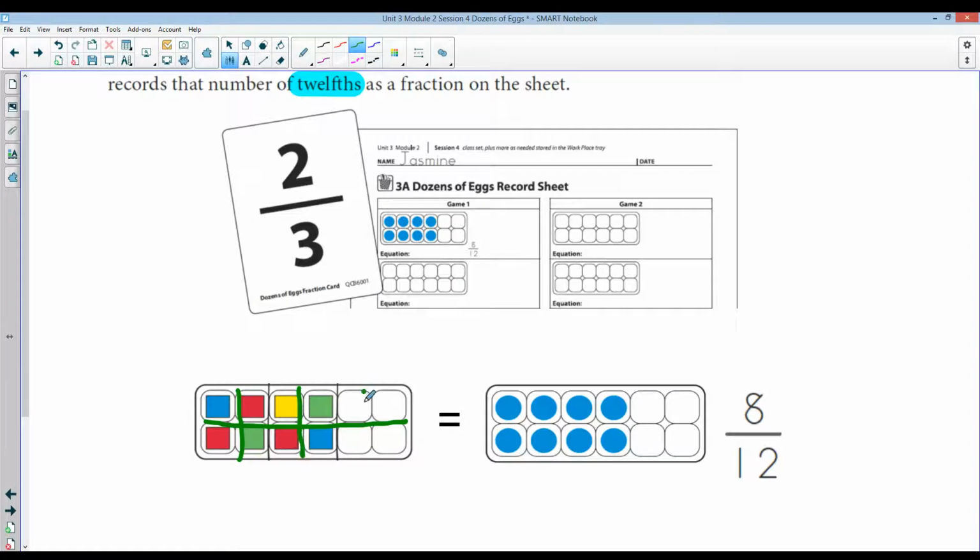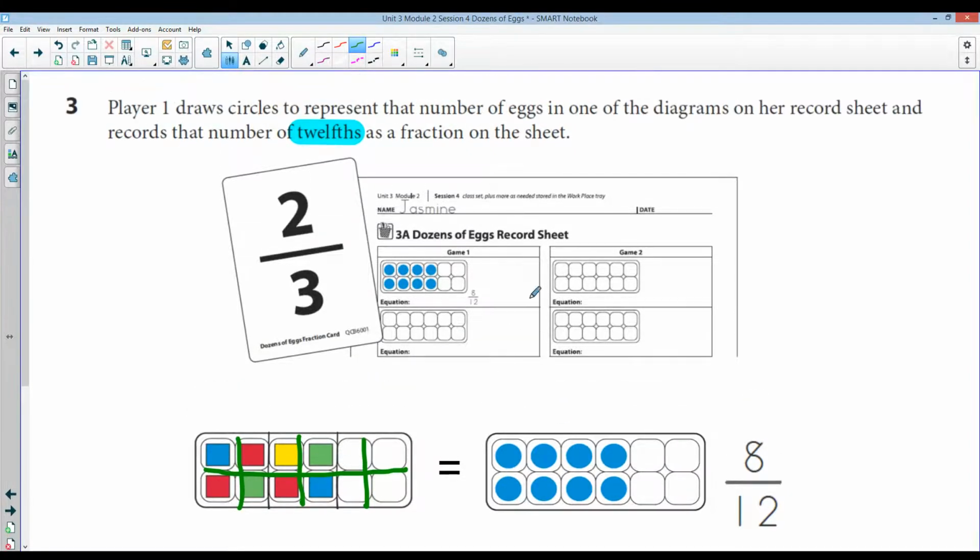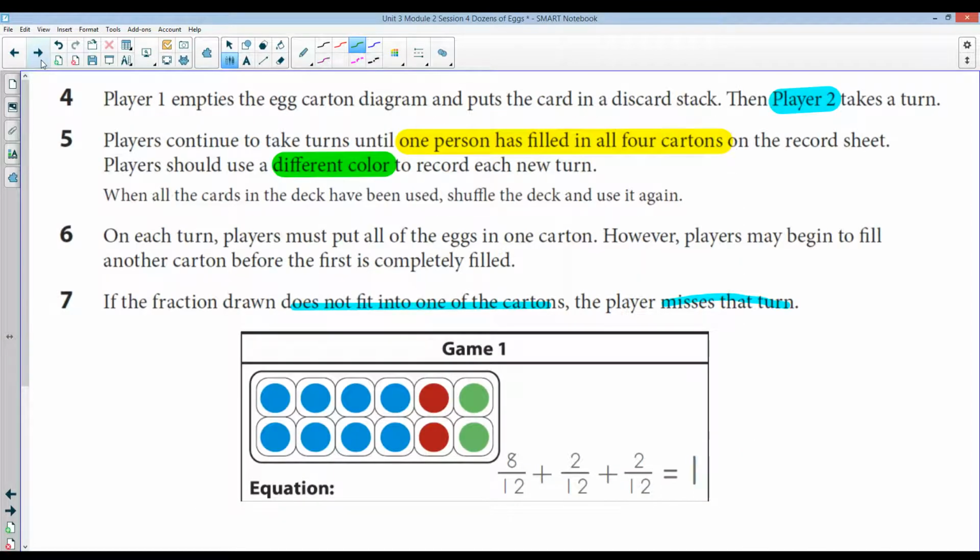Boom, boom, boom. And then it's 1, 2, 3, 4, 5, 6, 7, 8, which equals 8/12ths, and you draw it down there. Then we start over, and player 2 takes a turn. The players continue taking turns until one person has filled up all 4 of their recording sheets.